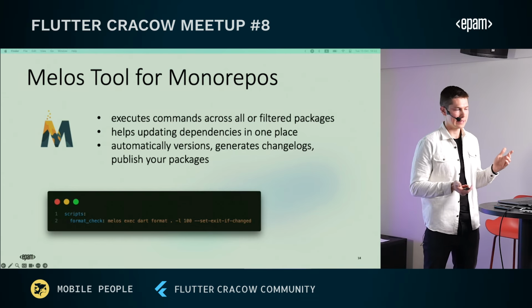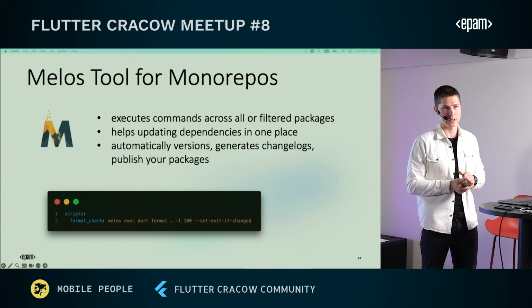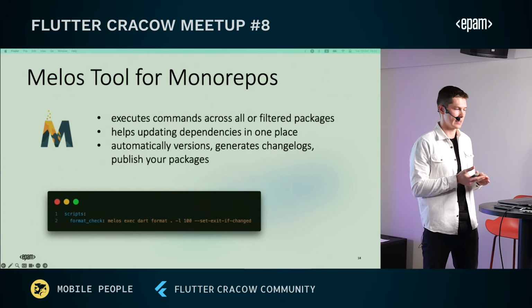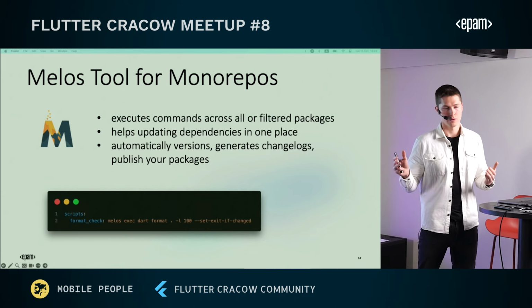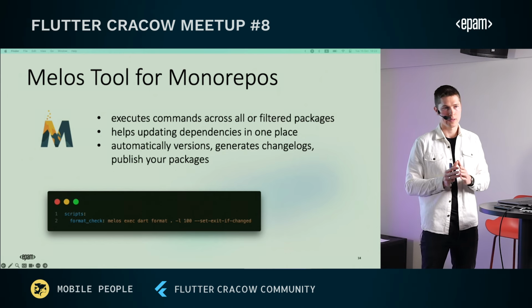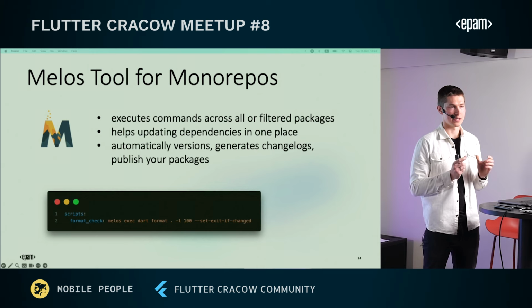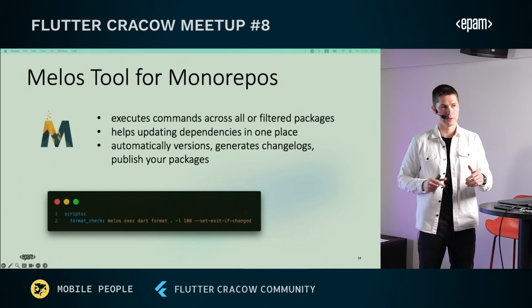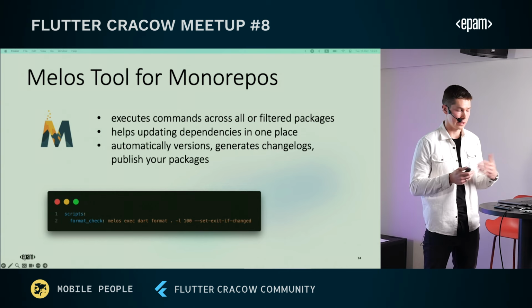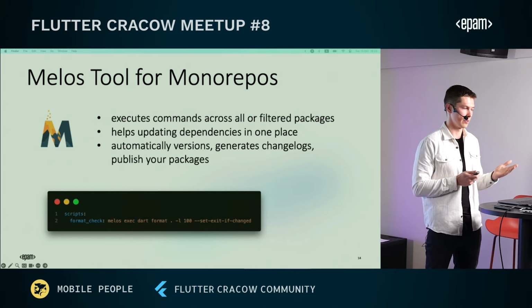You can easily make sure that all your commands like formatting, analysis, testing are run across all your packages or only across a subset of them based on some filters. Or for example, you can update your external dependencies only in one YAML file instead of doing it in multiple YAML files in each of the packages. So I can recommend this tool without any doubt.